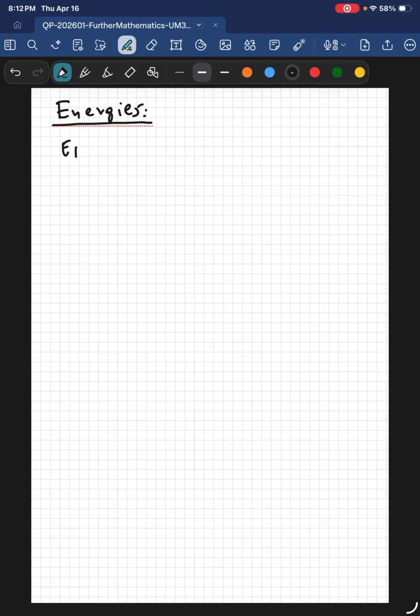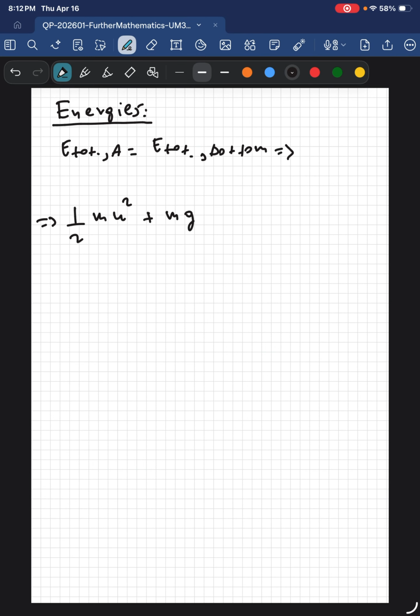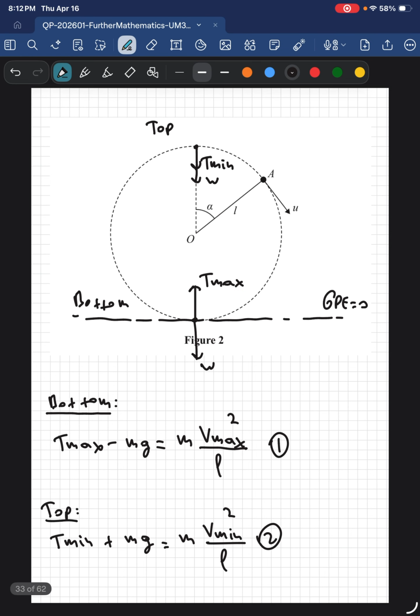Okay, so E total at point A is equal to E total at the bottom. Okay, so what's the total energy at the point A? It's 1/2 m u squared, and this is the u we try to calculate, plus the potential energy. What's the potential energy? mg times the height. What is the height? The height is L, right?